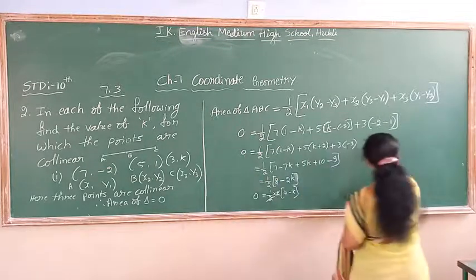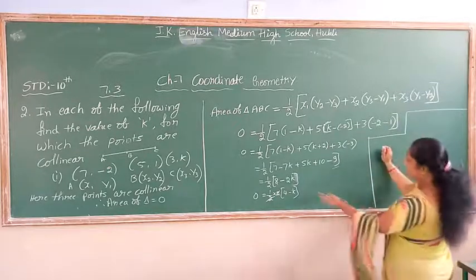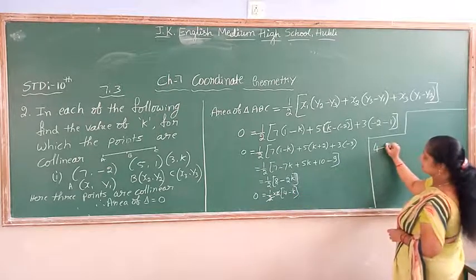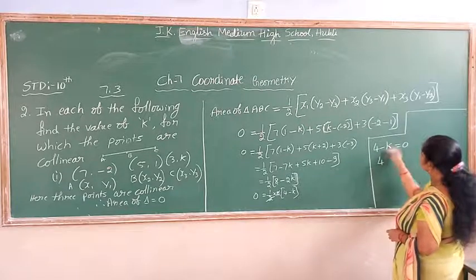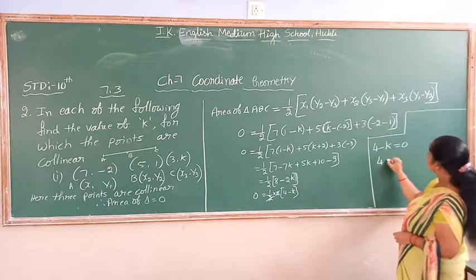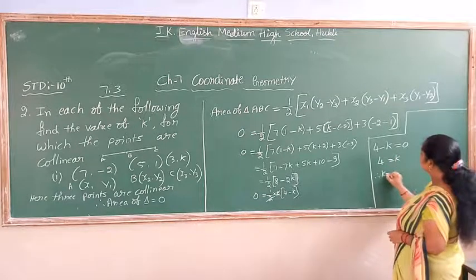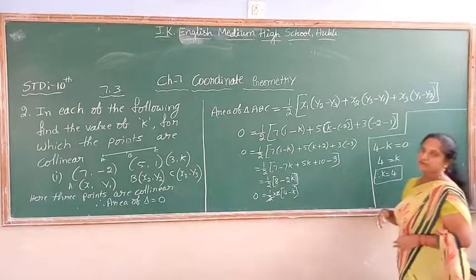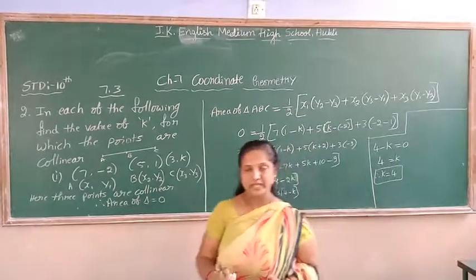Then afterwards I have to find the variable value k. 4 minus k is equal to 0. 4 is equal to k, if it comes to this side, it becomes plus k. So they told us to find the value of k. For this question, when these 3 points are collinear, I got the value of k as 4, children. Okay, write it down, children.